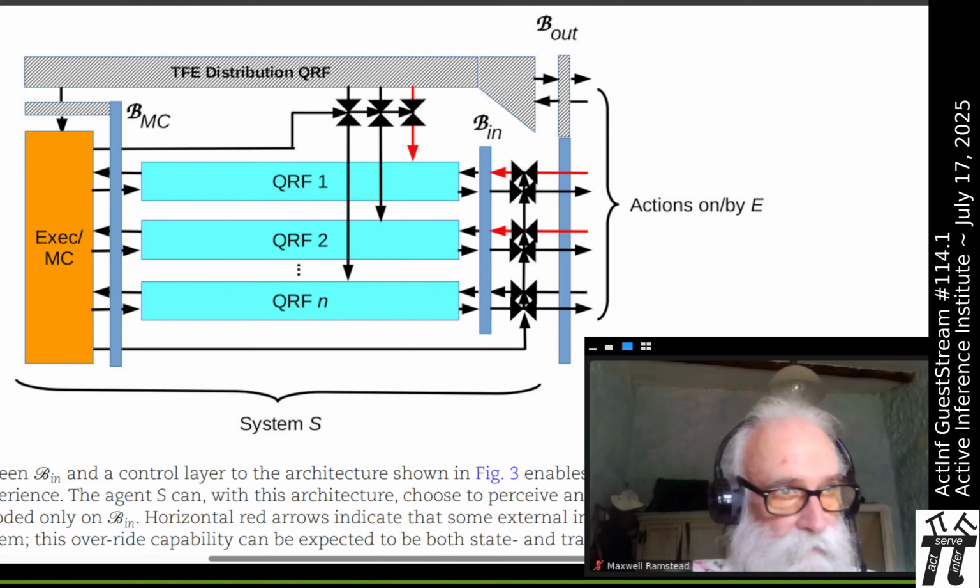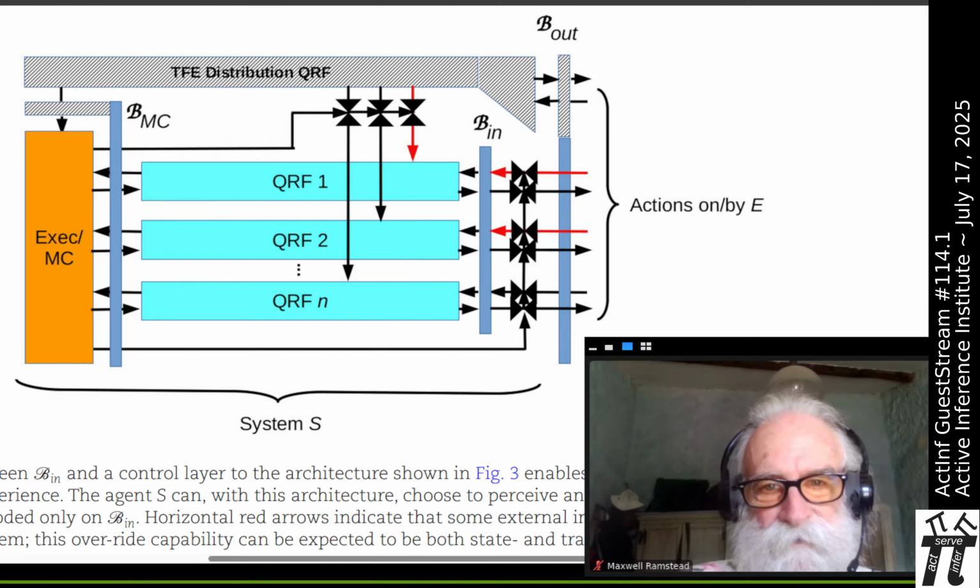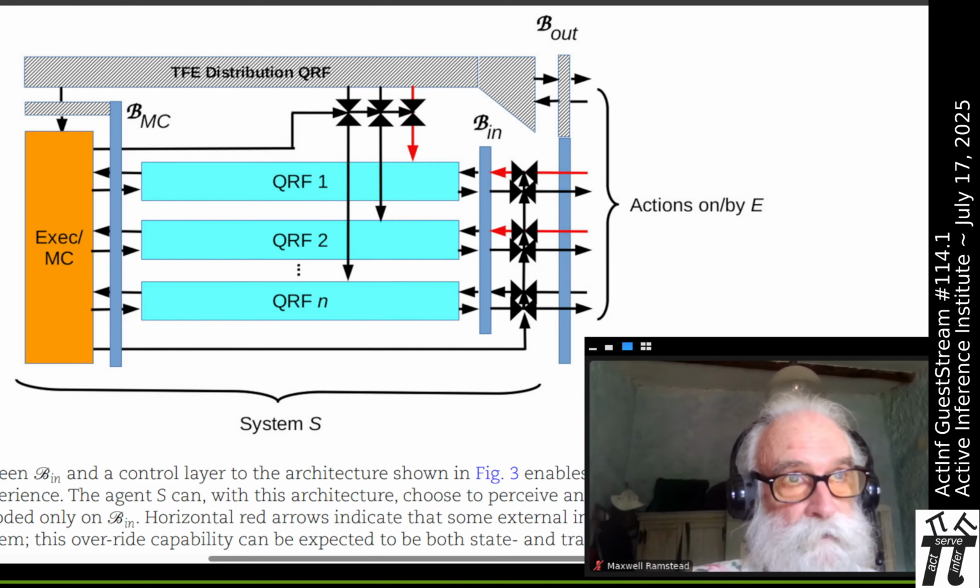So I don't think the two views are inconsistent. I think the active inference picture is just a way of being precise about it.